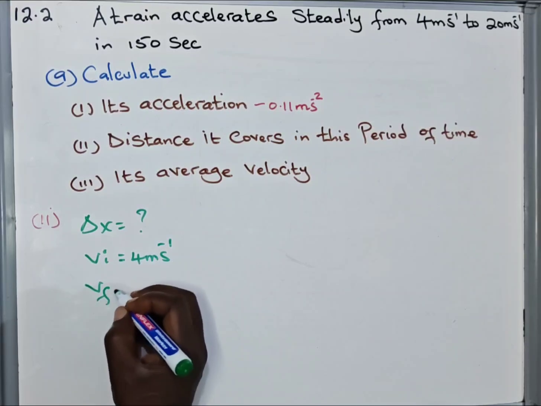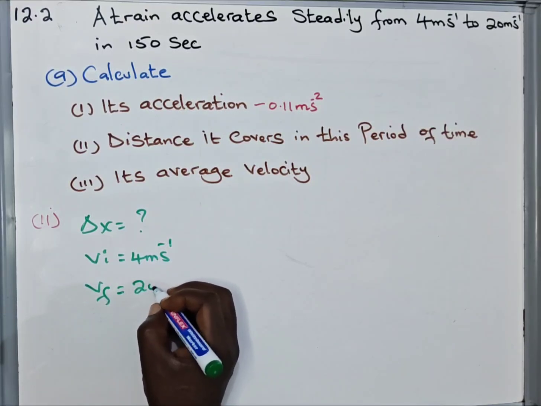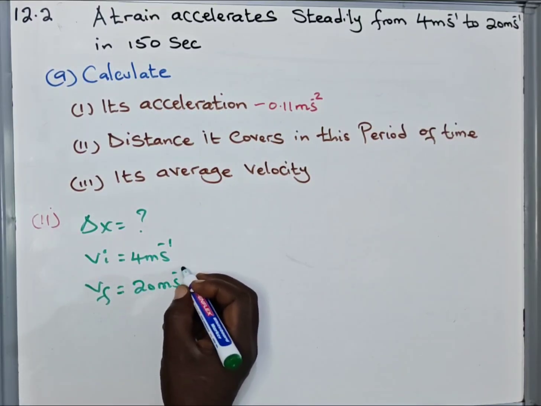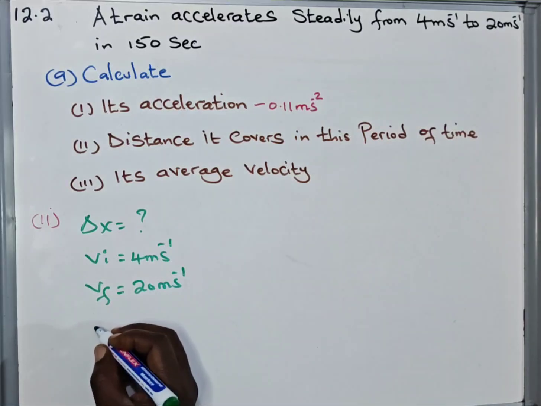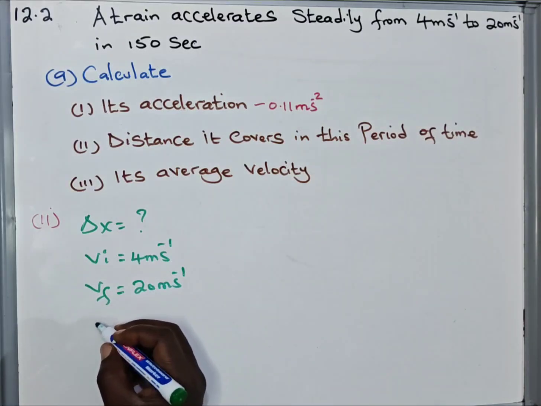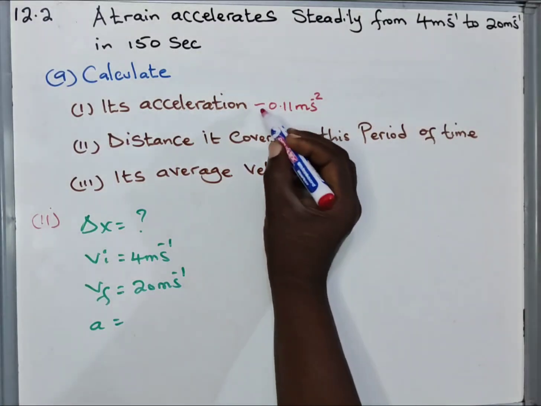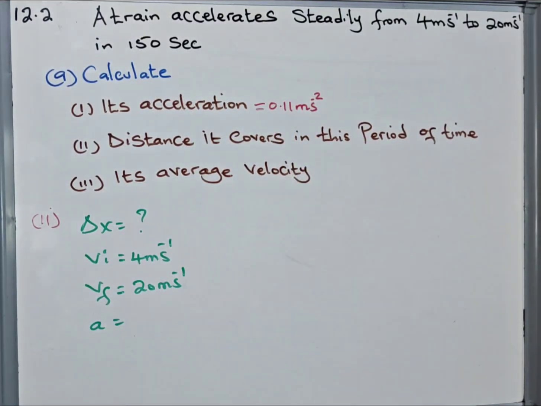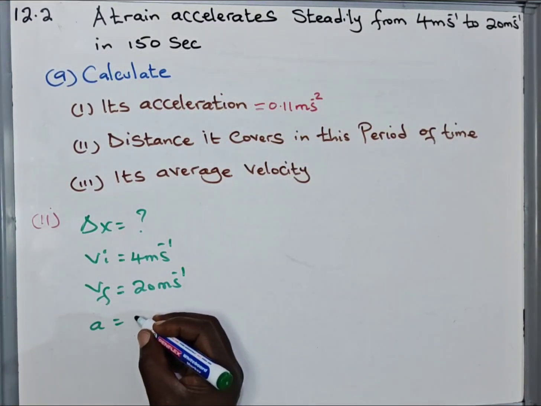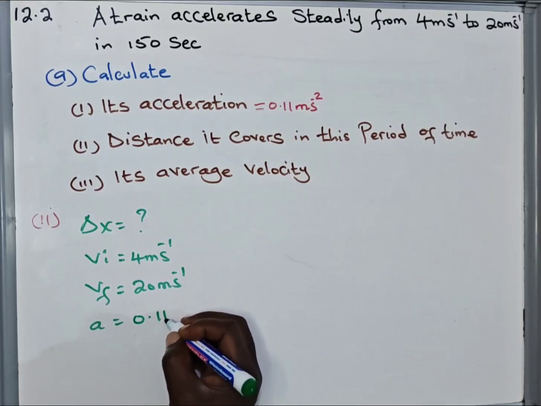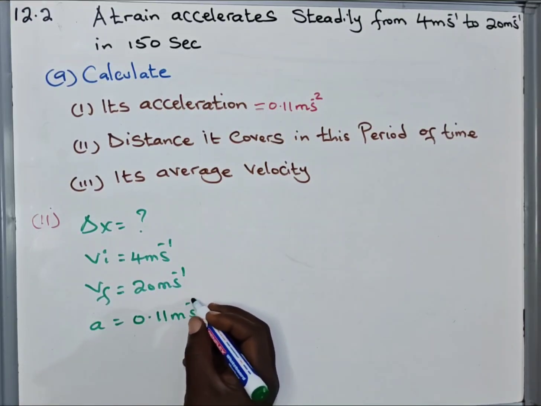We know final velocity, which is 20 meters per second. But we also know acceleration, which is 0.11 meters per second squared.